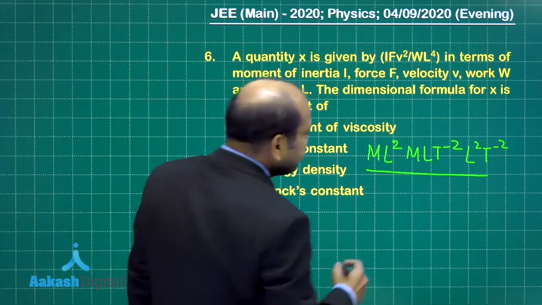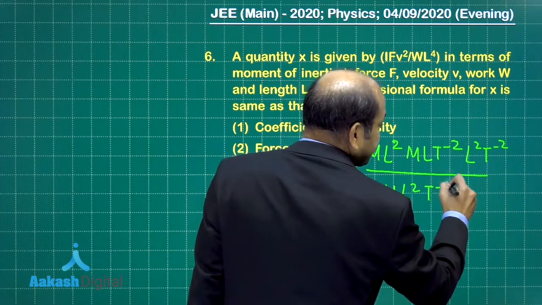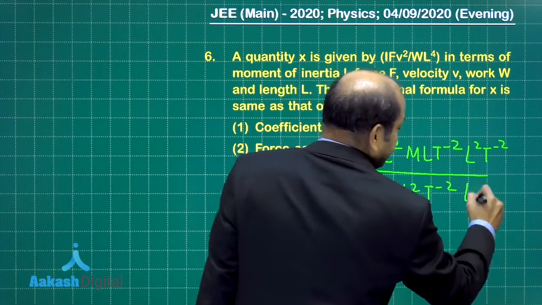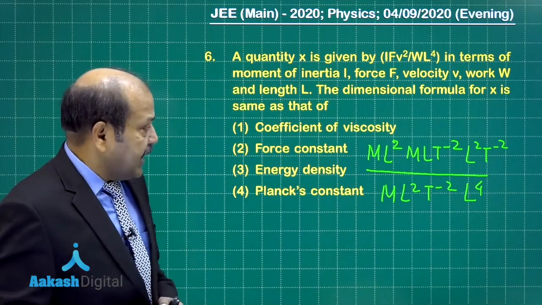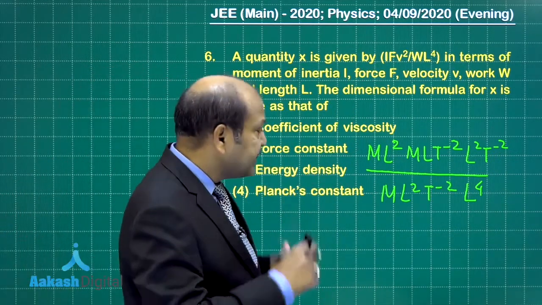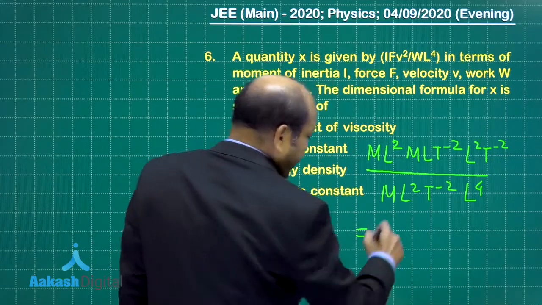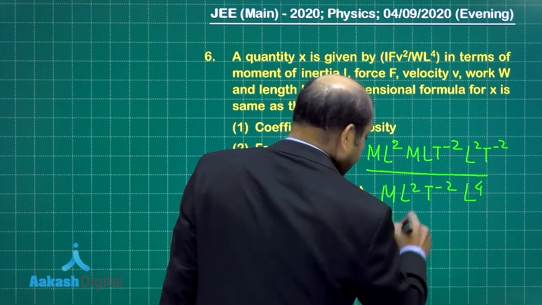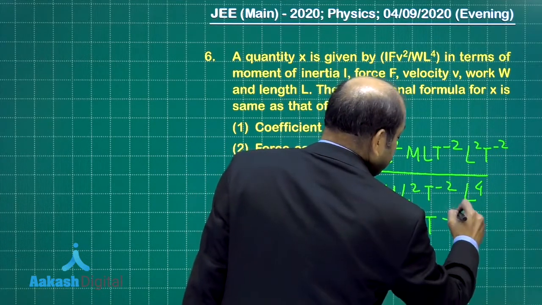So W, in fact, the dimension of work is M L^2 T^-2, and of course there is L^4. So we need to simplify this, and if we simplify this, this comes out as equal to M L^-1 T^-2, right?